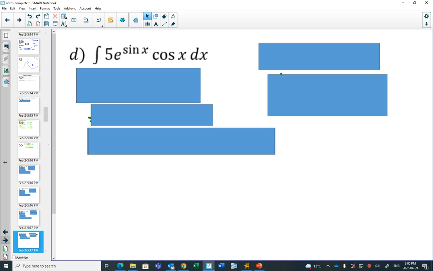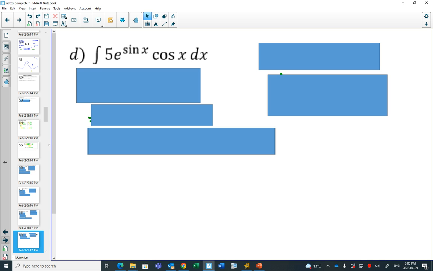Some things give you a hint that you should use substitution. There's a hint if you have one function inside of another function. That's a chain rule. Can you see that the sine x is inside of e? It's normally just e to the x, but now there's a sine x where the x normally is. Then, in addition to having a function inside of another function, that inside function's derivative is present.